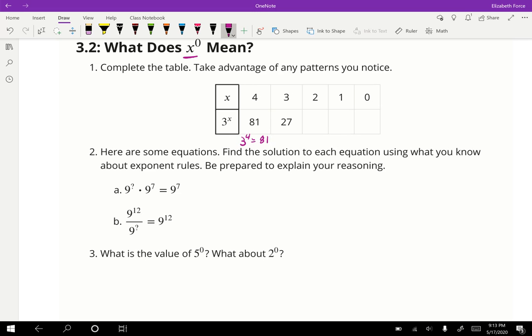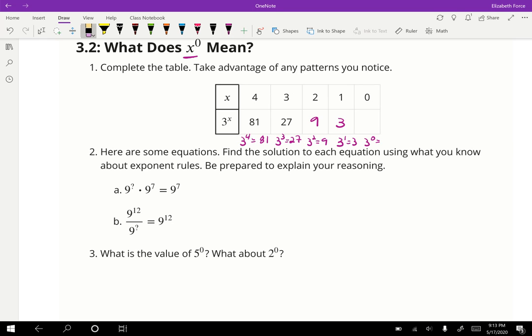They're getting 27 because 3 to the 3rd power is 27. To complete this output value, you do 3 to the 2nd, which is 9. And then 3 to the 1st power is just 3. And then the biggest question becomes, what's 3 to the 0 power?